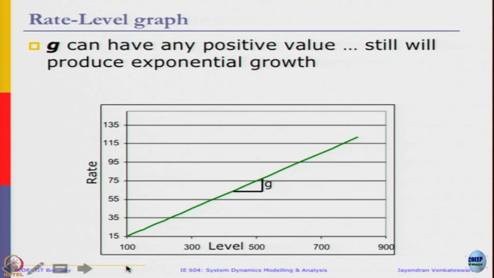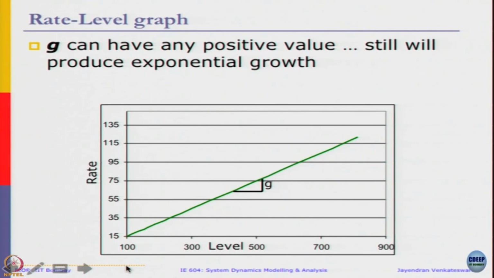So now if we start plotting the level and the rate, that is, you plot the rate for every value of the level that we just saw for the same example, you will find a linear line with the slope of g. It can be expected because it's just a linear equation, right. So for any positive value of g, you will still produce exponential growth.